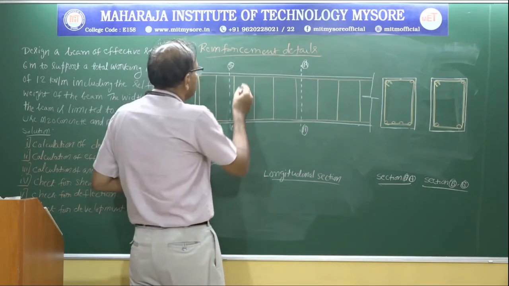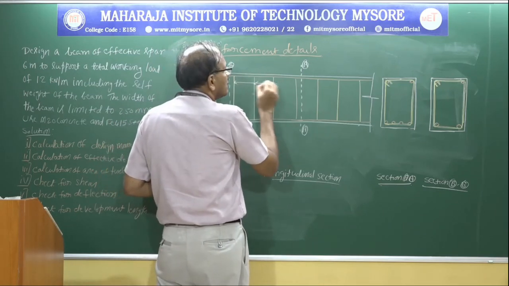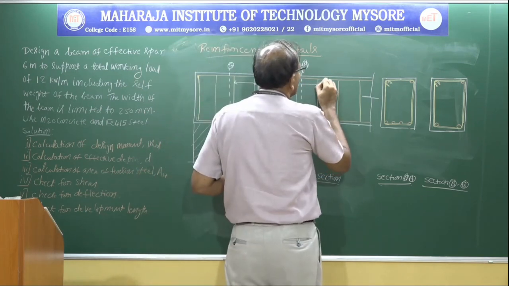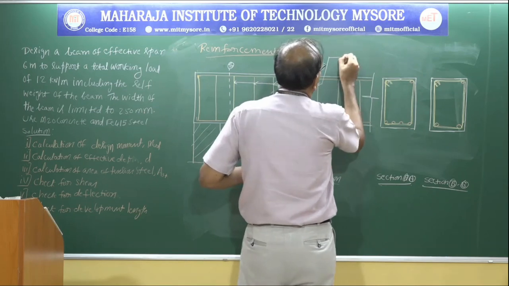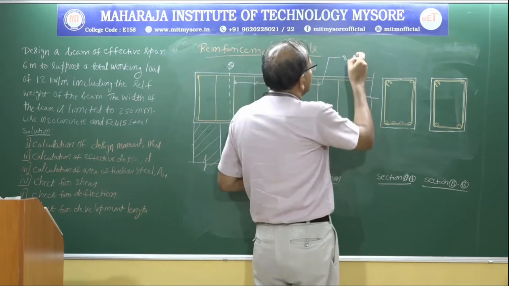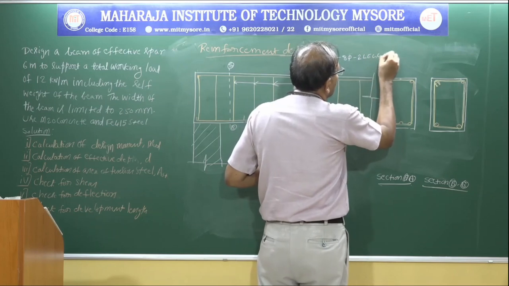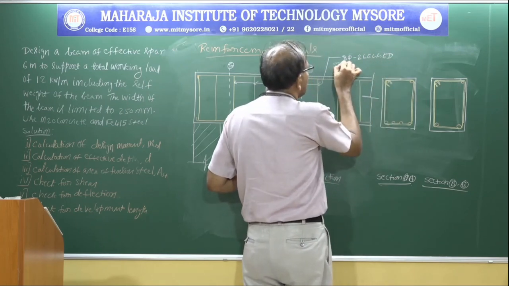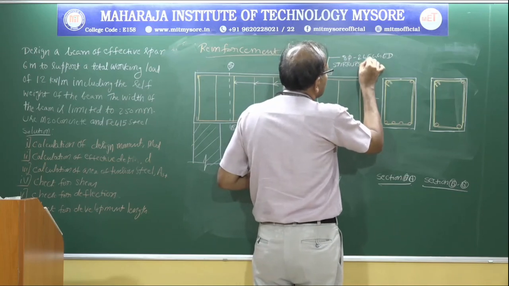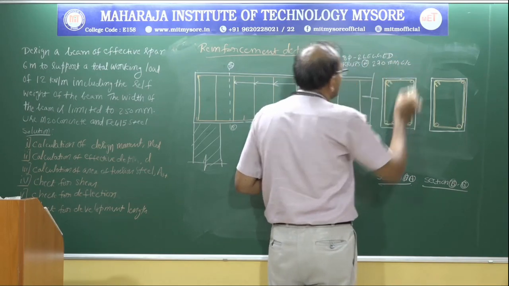So this is 8 mm dia. You don't have to write millimeter. 8 dia, 2-legged stirrups at 270 millimeter center to center.